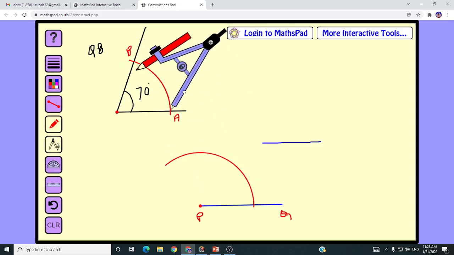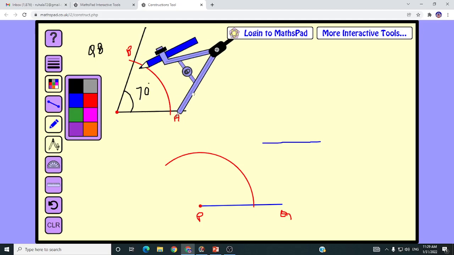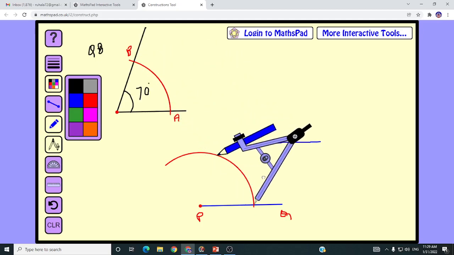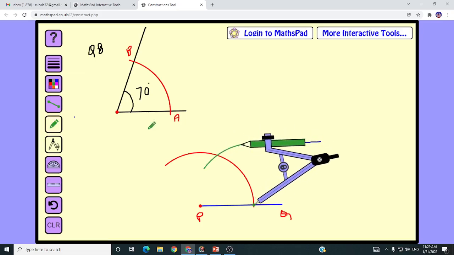Put the tip of the compass on A and put the pencil tip on the B point after adjusting the compass. Now put it here and mark an arc. You will get the point, this is the R point.